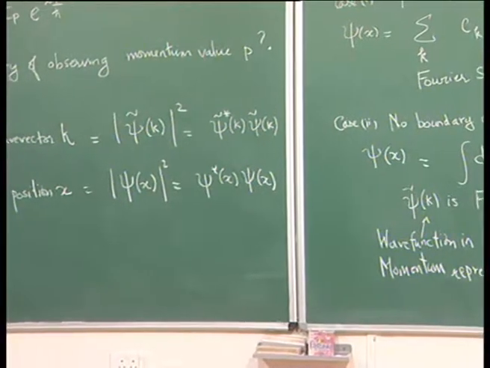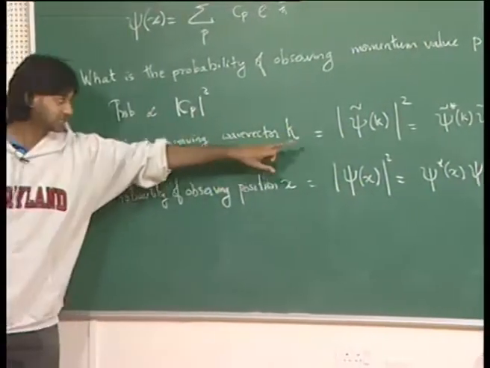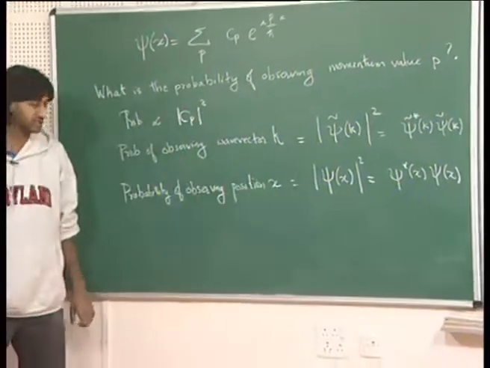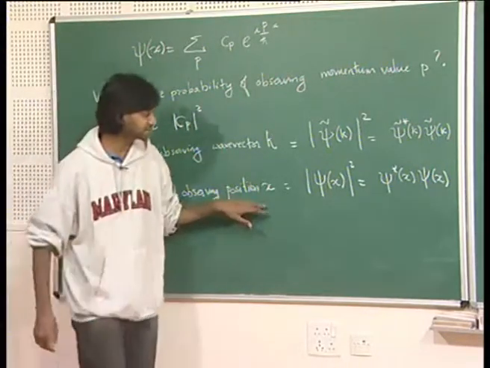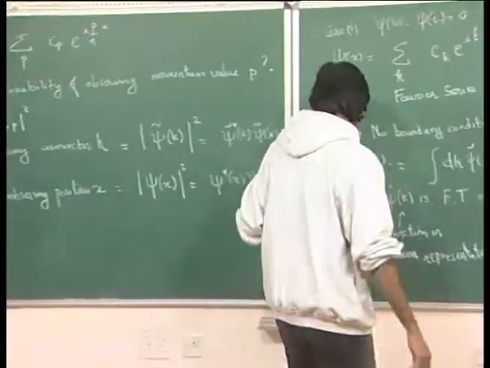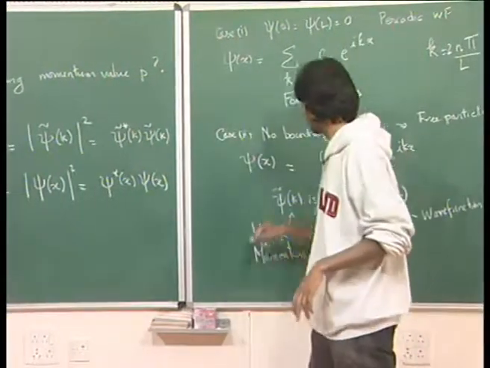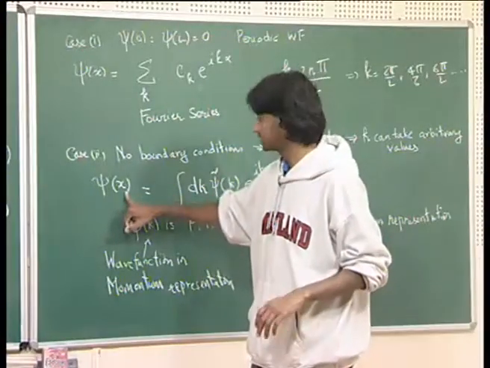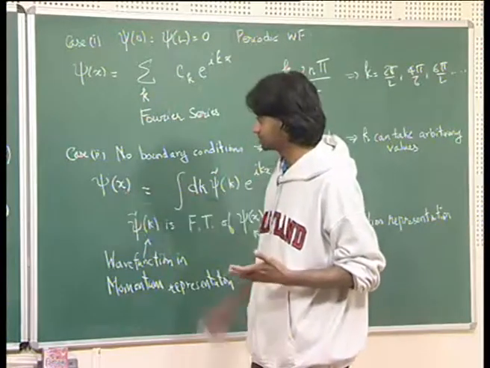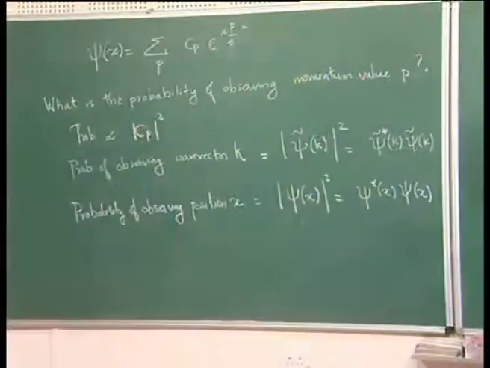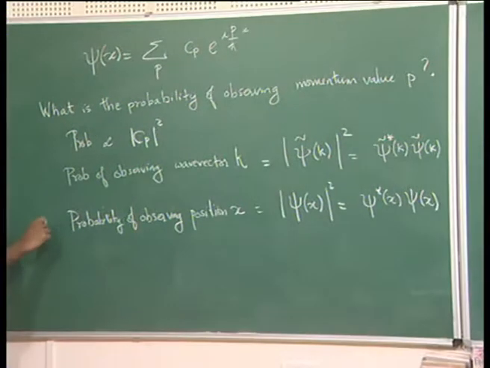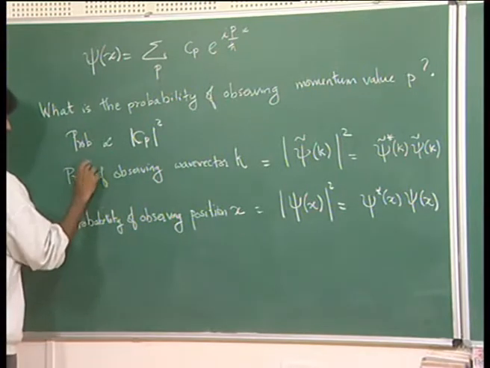Now you can see why this is the wave function in position representation, because the probability of observing position x is just psi star psi. It is the probability that your particle is located between x and x plus dx, and that is psi star psi dx. So this is now density; this becomes probability density.